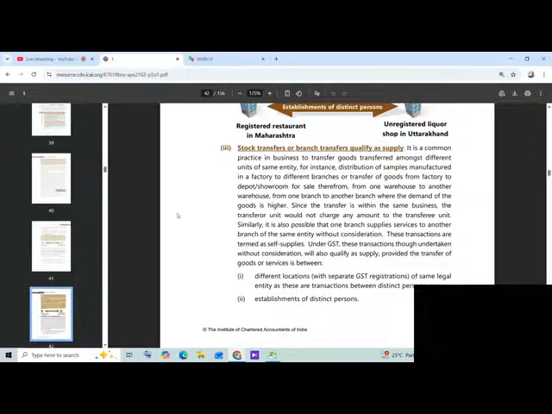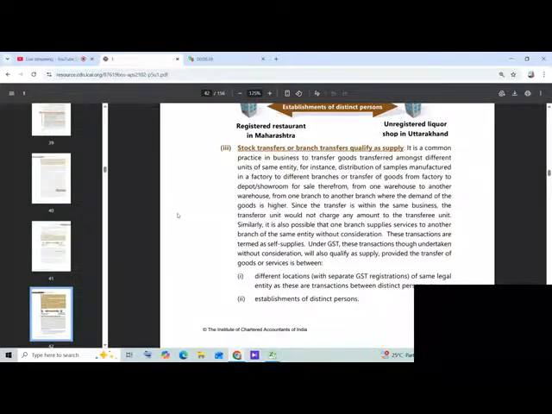Since the transfer is within the same business, the transferor unit would not charge any amount to the transferred unit. Similarly, it is also possible that one branch supplies services to another branch of the same entity without consideration. These transactions are termed as self supplies.